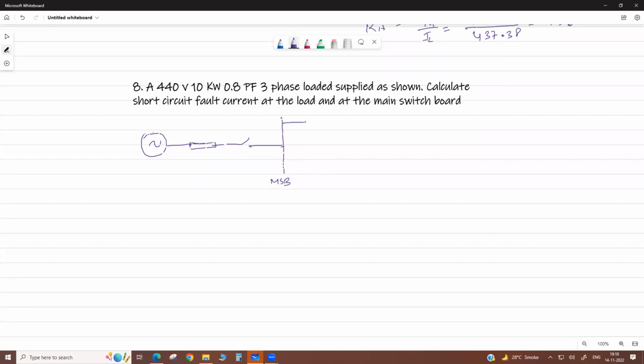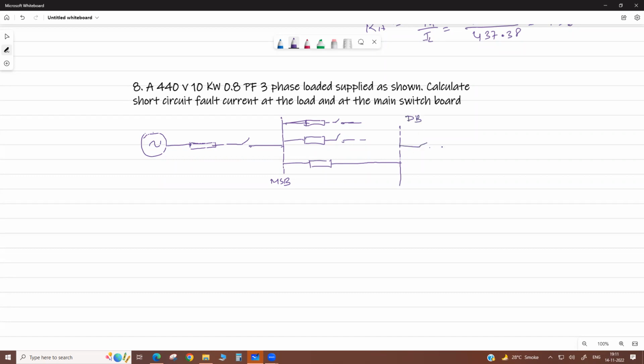There is a resistance connected, feeding some DB, distribution board.